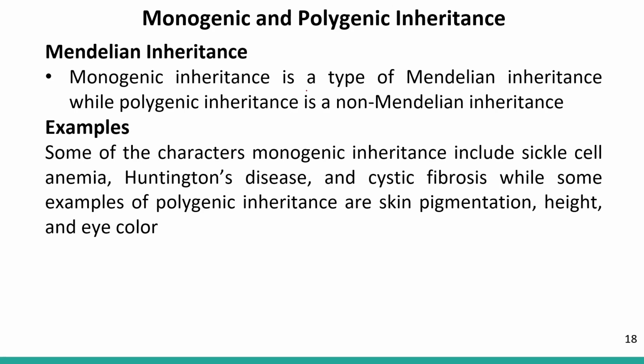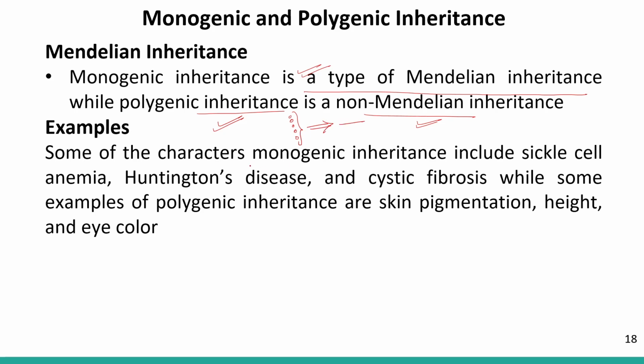Monogenic inheritance is a type of Mendelian inheritance, while polygenic inheritance is a non-Mendelian inheritance. This also we have discussed. Monogenic inheritance follows the law of segregation as well as dominance, whereas polygenic inheritance does not follow Mendelian inheritance because it is controlled by a number of genes for one single character, right?